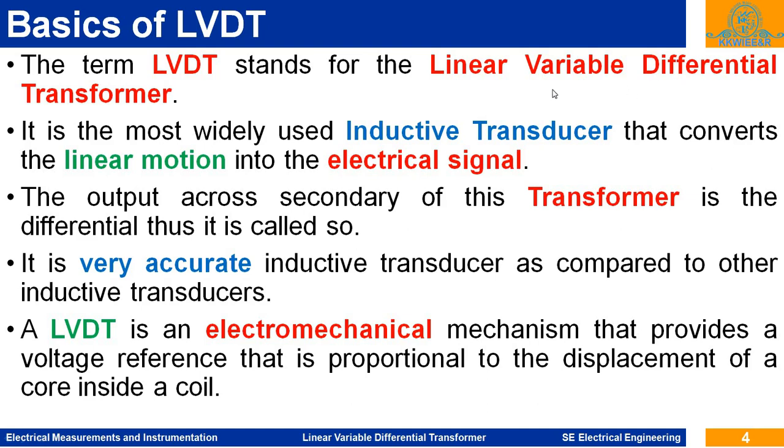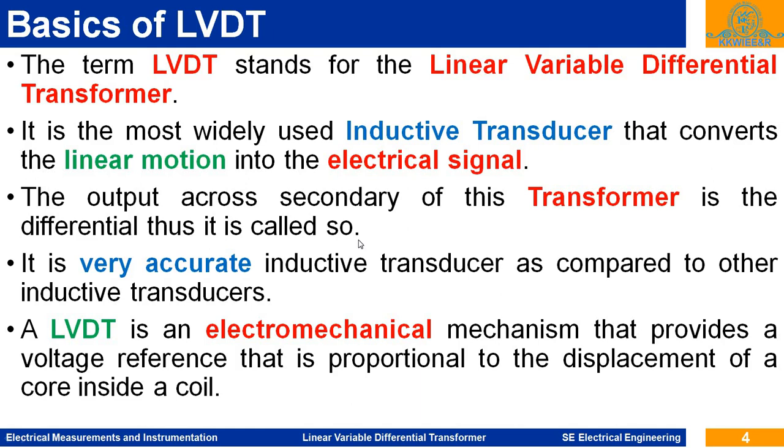It is the most widely used inductive transducer that converts linear motion, linear displacement, into an electrical signal. The output across the secondary of the transformer is differential, thus it is called so.